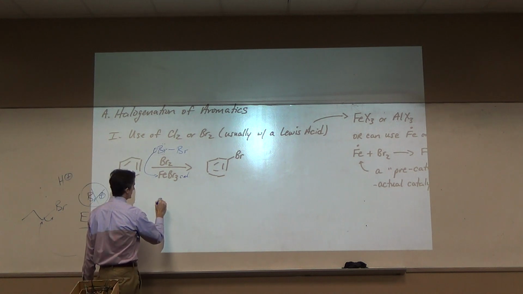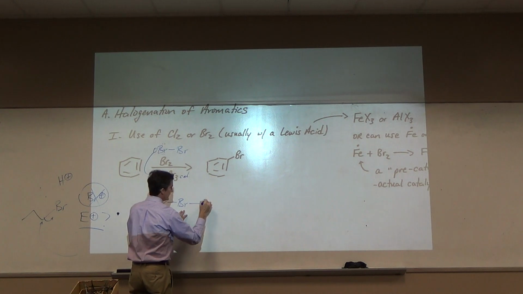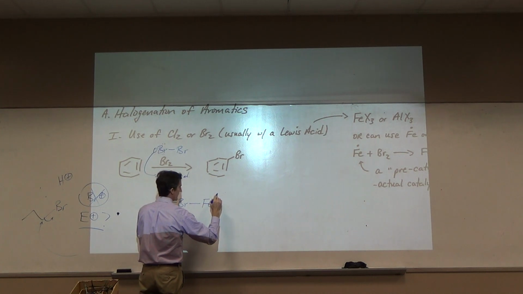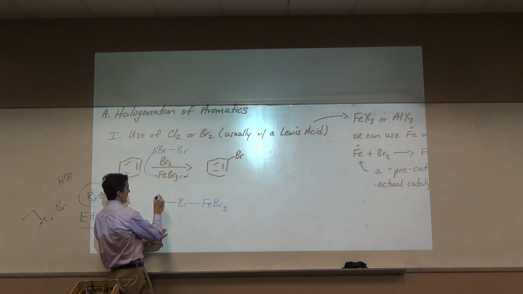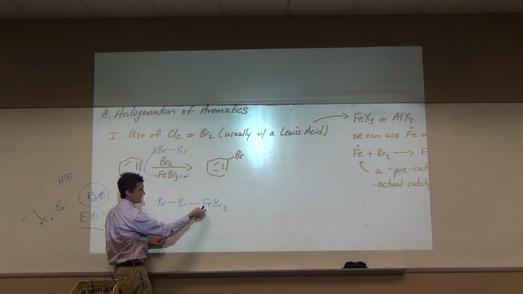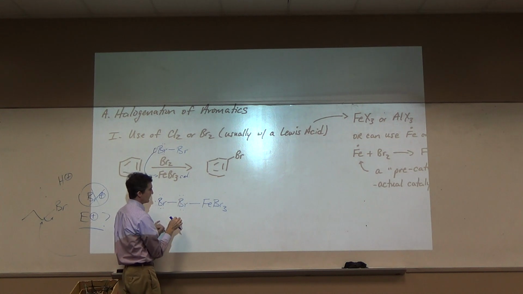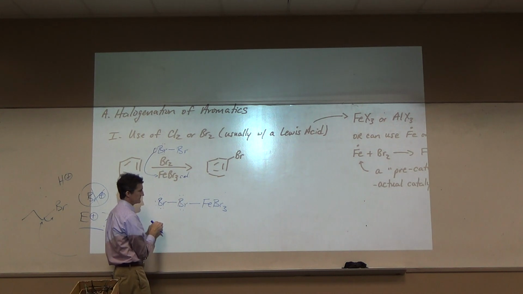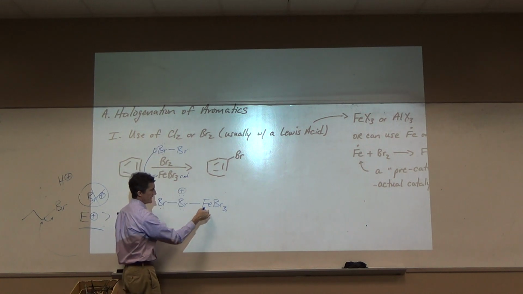And that's going to lead to this now bonding to the iron. Okay? Nothing new here. One lone pair. Now, we made this bond here. What's the charge of the bromine now? Plus. Bromine is now positive, and the charge of the iron?